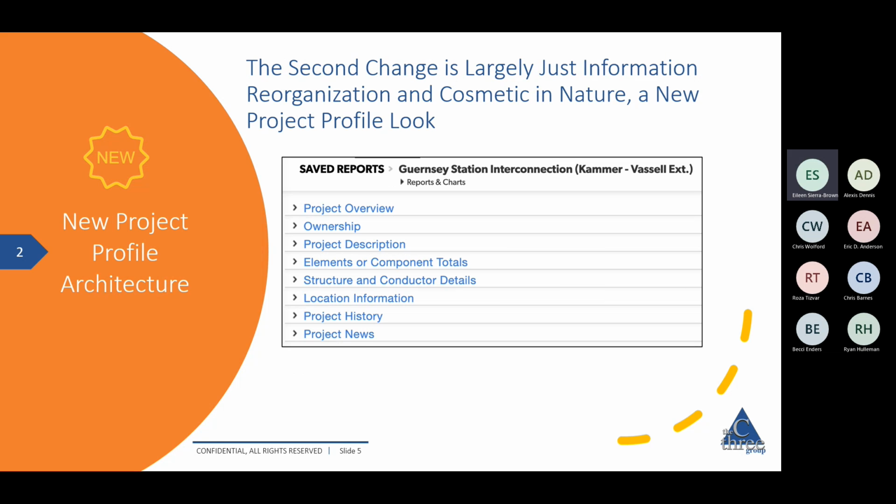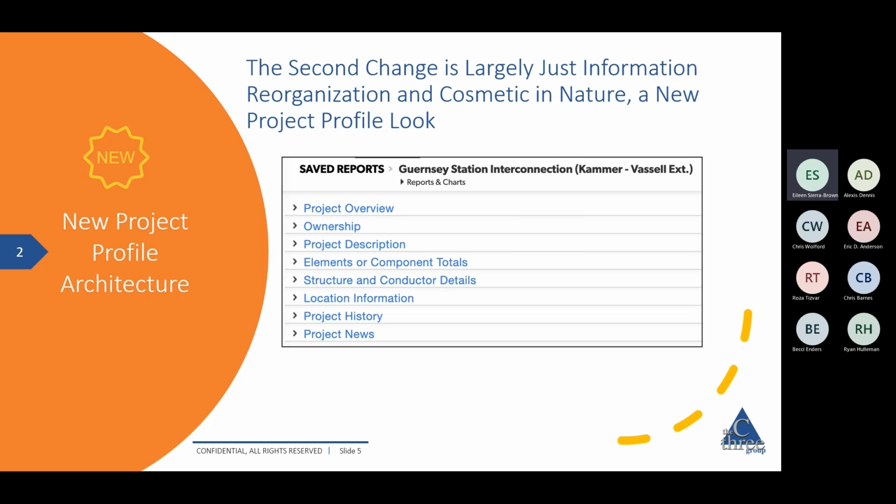The more dramatic change that was implemented on April 15th was an overhaul of the individual project view. So many of you may interact with your custom reports or reports from the home pages. But when you drill down to that individual project view, we've really streamlined the overall look of the individual project, as well as with these new fields, we're able to capture so much more information all within one field.